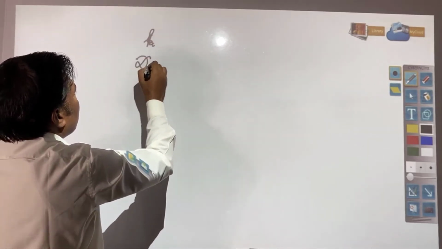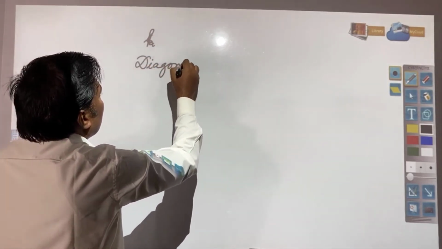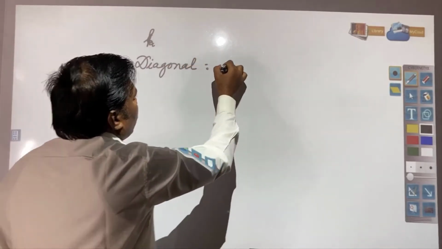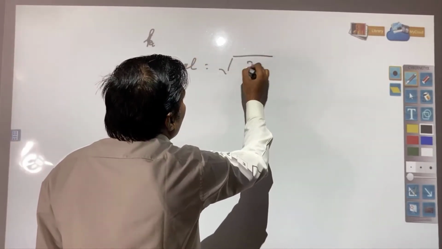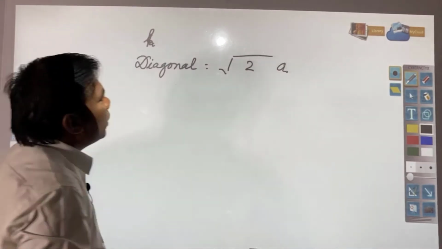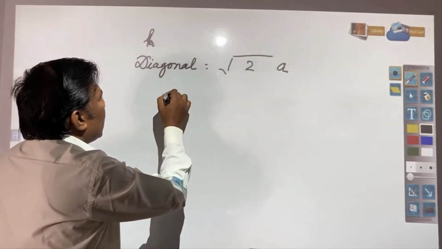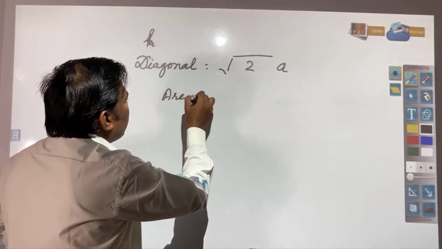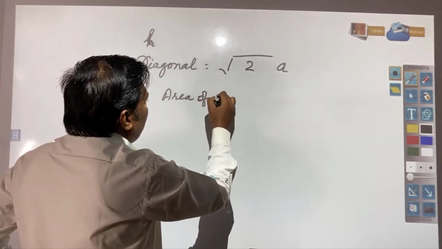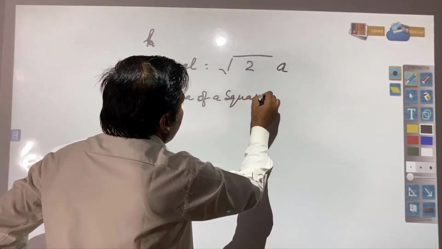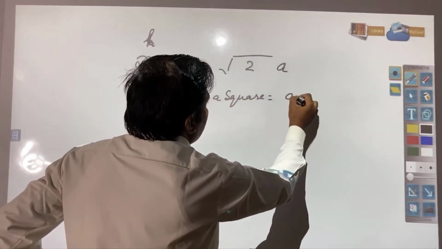So we have seen diagonal is equal to root 2 into A, and we have seen the area of a square is equal to A square.